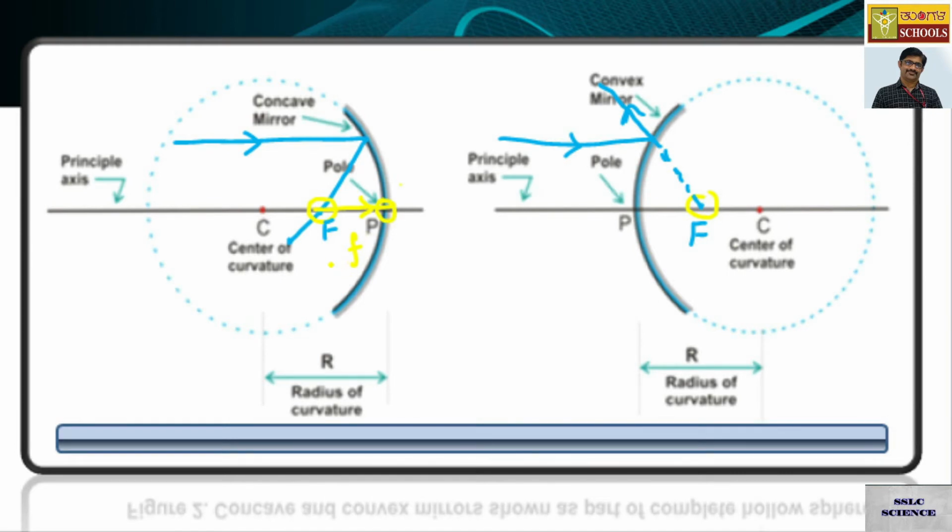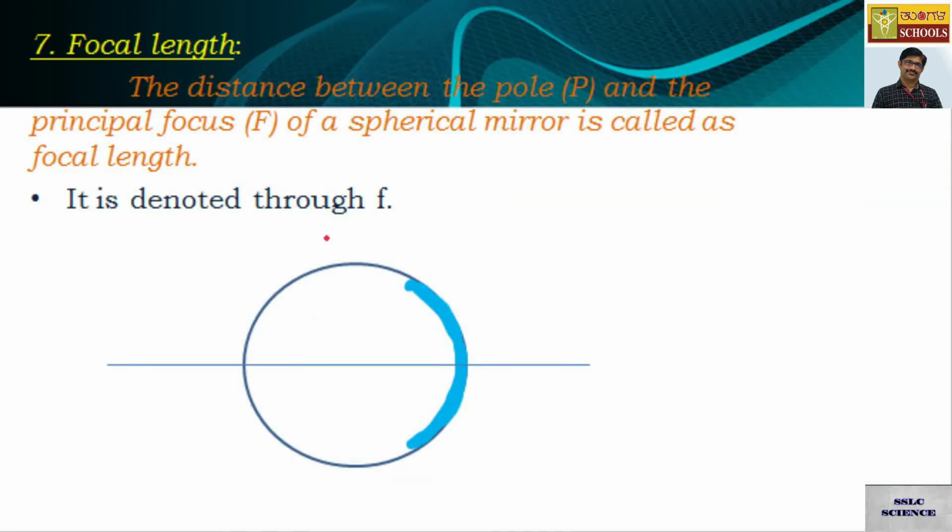It is the length between the principal focus F and the pole of the mirror P. That is in case of a concave mirror, and in a convex mirror again it is the length between F and P. With all those processes, if you didn't get these points right, please make use of my WhatsApp number and try to solve. Let me recap those terms one by one.